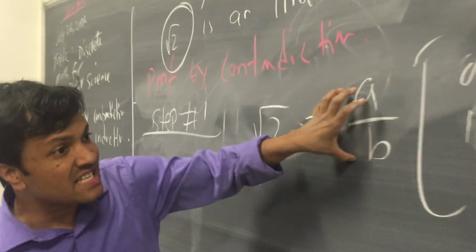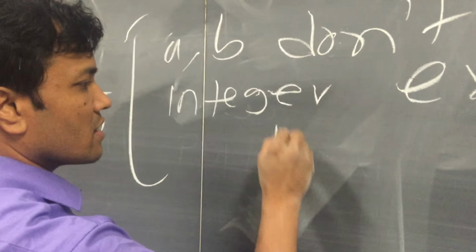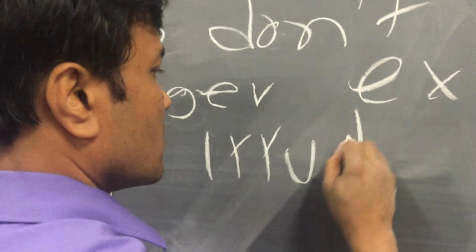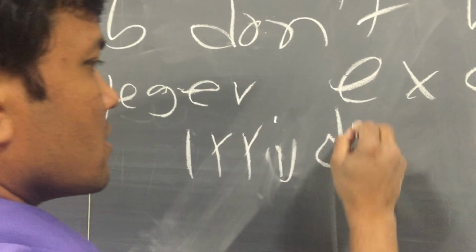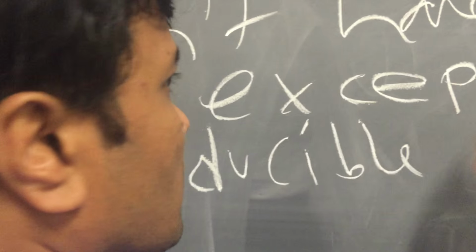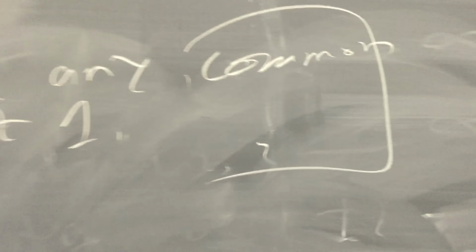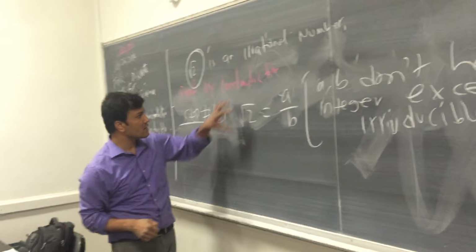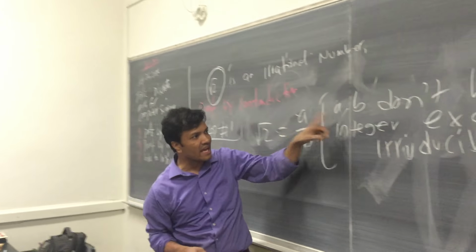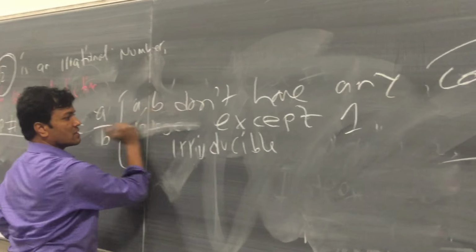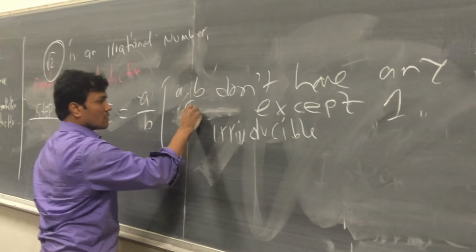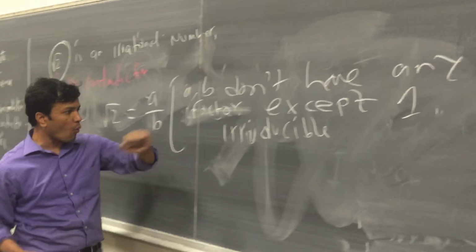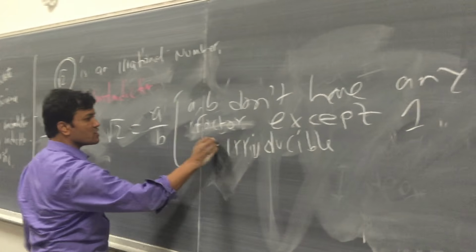So that makes it irreducible. Okay, how would that help us? That will help us prove this by contradiction: a and b do not have any common factor except 1. That makes it irreducible.